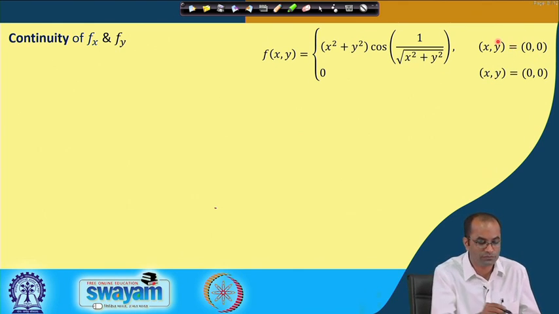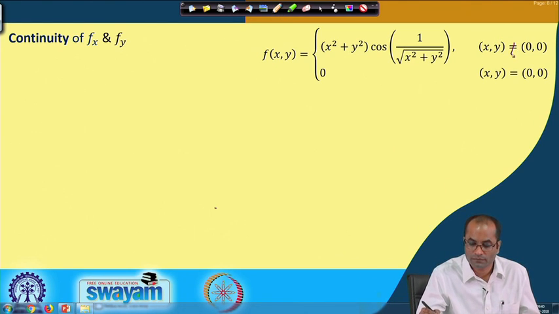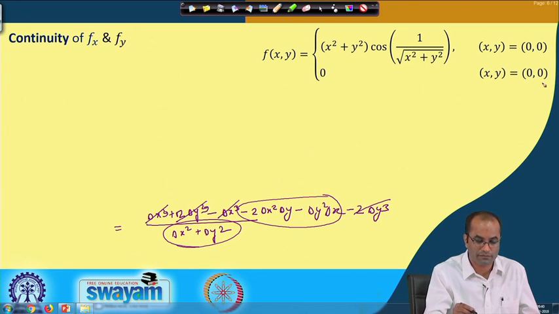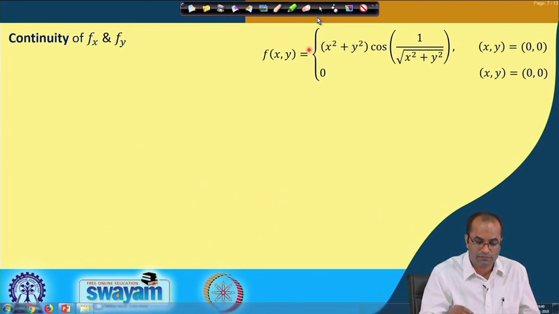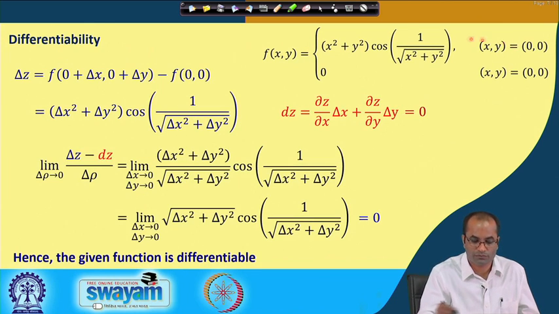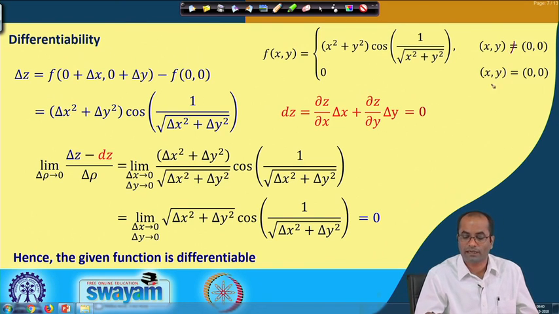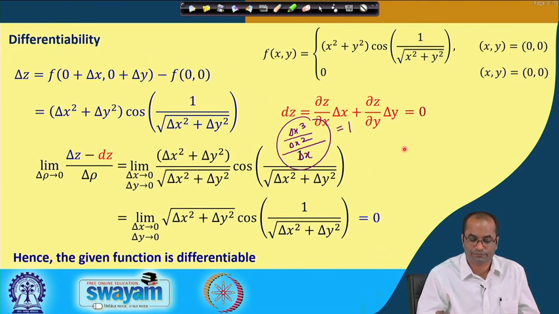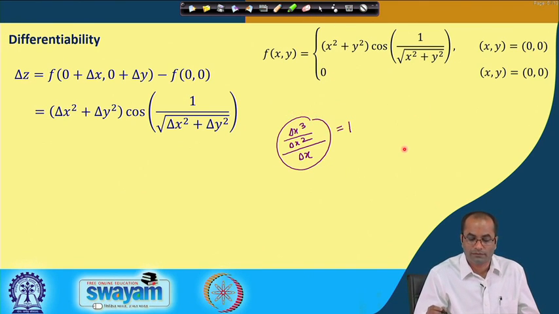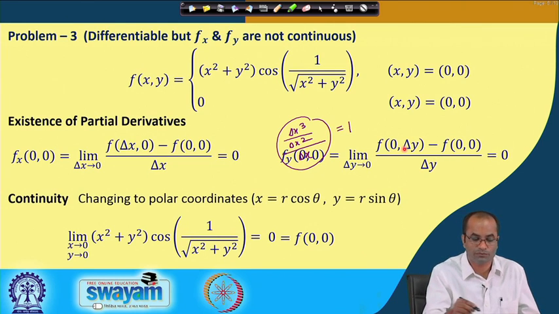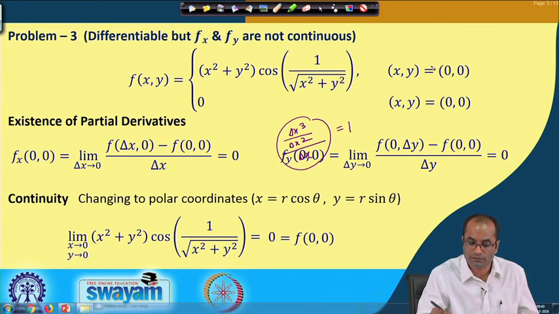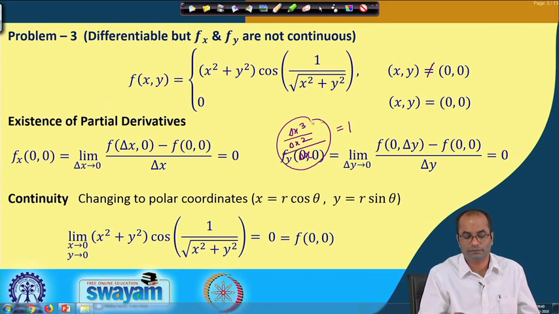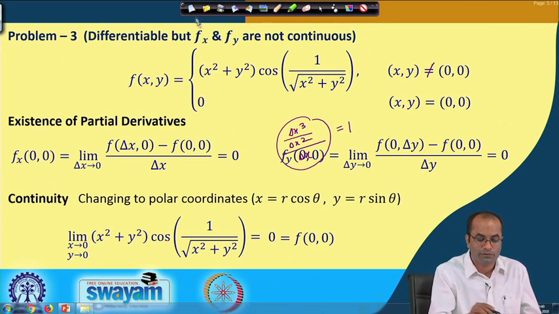So, here it is not equal to 0, and at (0, 0) the function was defined as 0, and it is 0 when (x, y) is (0, 0).